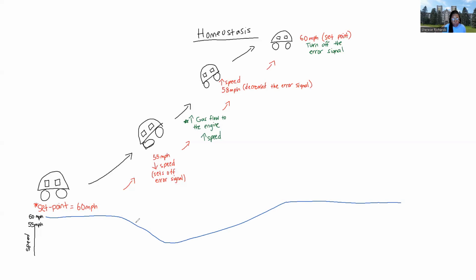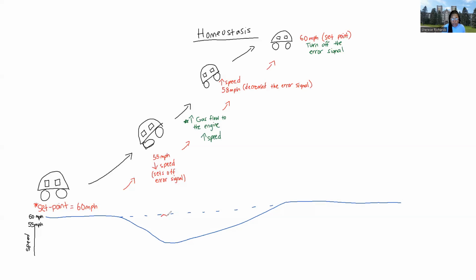Where we end up dropping down to, this is going to trigger our error signal. So it's really important to notice that the degree of the error signal is going to be the degree with which we are away from the set point. So here's where we would like to stay, our set point value at about 60. And then here is our error signal, the degree of our error signal.